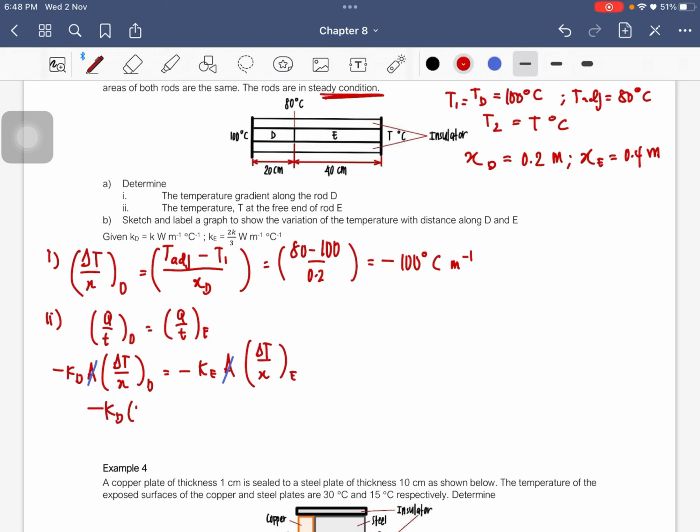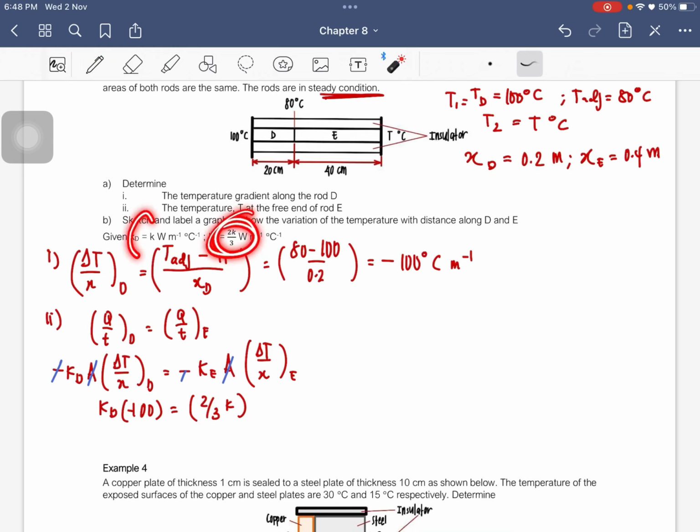So we are left with 100 here, negative 100, and then we have negative 2/3. Actually, the negative can cancel now, so you don't need to write it. I think so. Would it be something? I don't really think so. So KE is 2/3 K. Okay, it is written here.